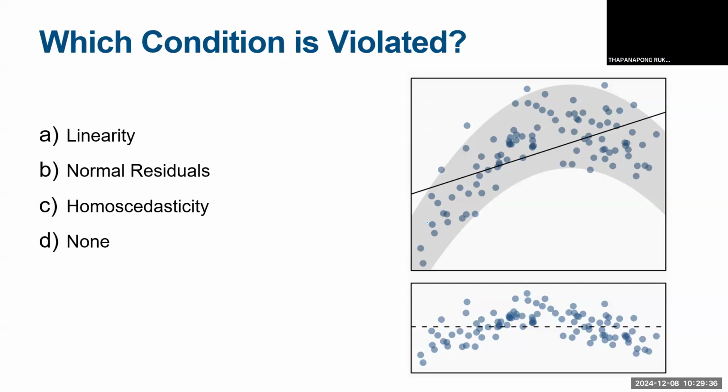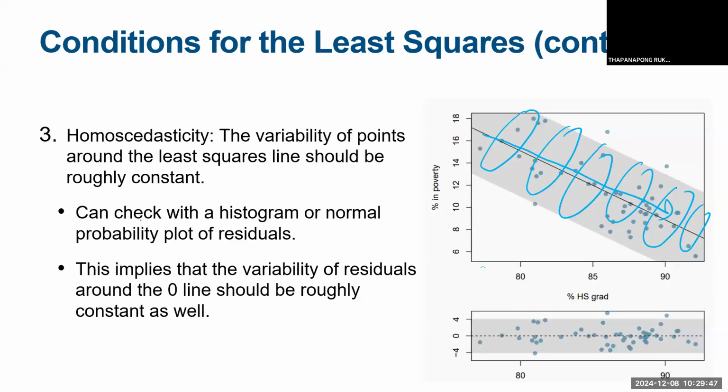You have this side where the residue is very close, but this side where the residue is far apart. For this case, you can check with the histogram plot or the normal probability plot of the residue.